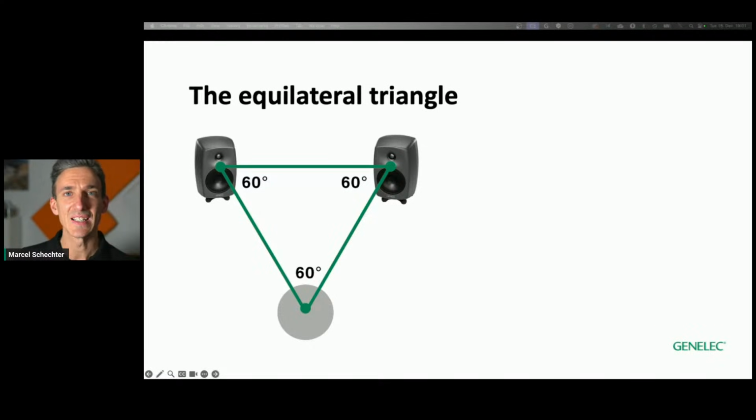And this is really essential, because if you go wider, it of course might give you an impression of a really wider stage, which is nice. But for example, the phantom center, let's say you have really nice, dry, intimate vocals that should be pinpoint in the center, so in the middle between both speakers, this will not work that well. And if the speakers are too close to each other, then of course you just lose the fantastic width of the stage.